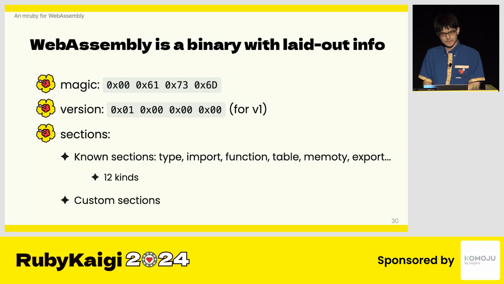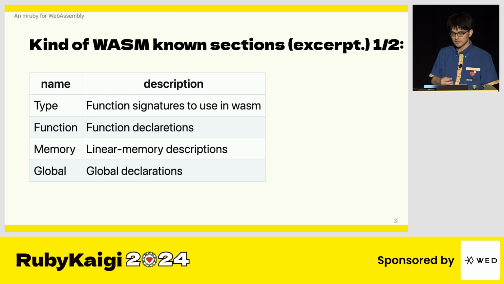So WebAssembly is basically a binary with layout information: a magic number, version information, and a lot of sections. Sections are now 12 kinds of sections.